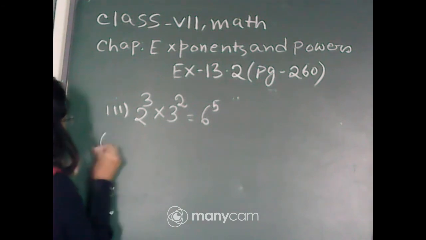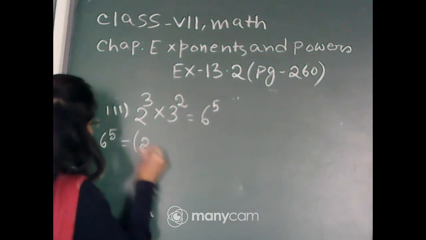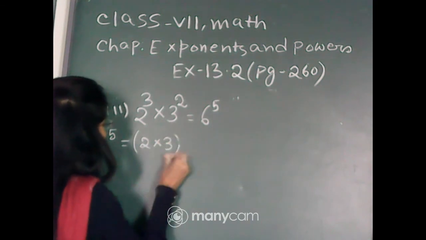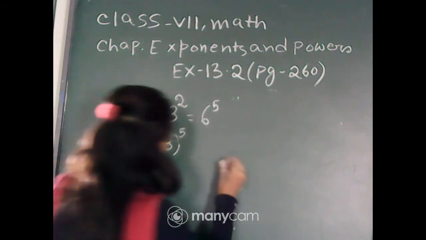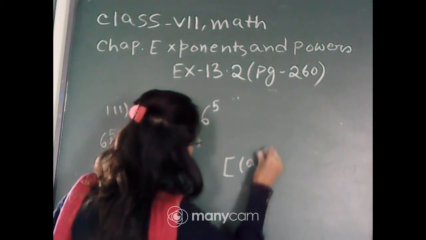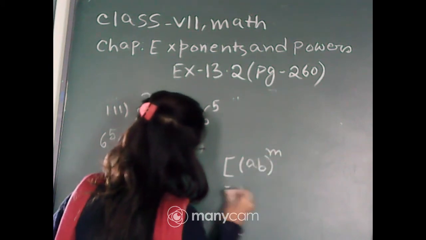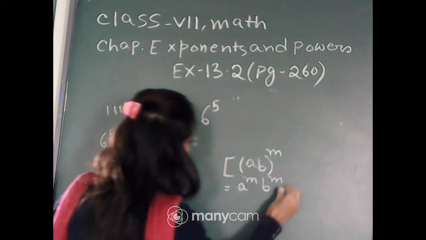Now, 6 to the power 5 is equal to 2 into 3 whole to the power 5, isn't it? We can write 6 as 2 into 3 and we use the law ab whole to the power m is equal to a to the power m into b to the power m, isn't it?